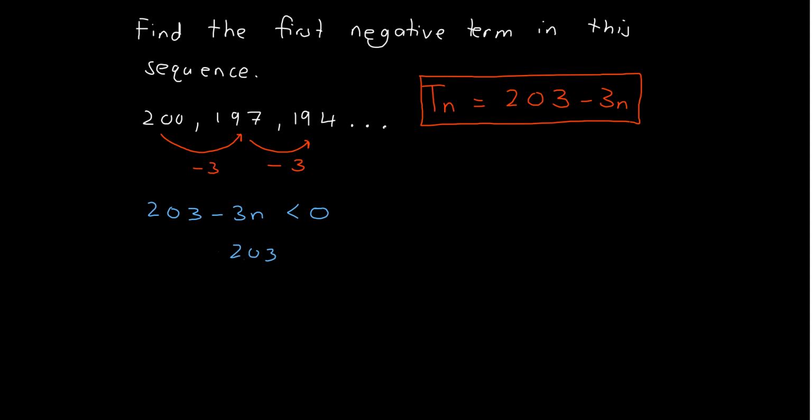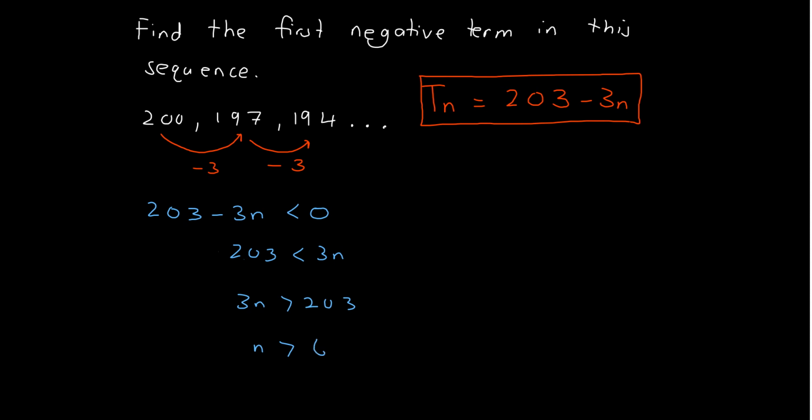203 must be less than 3n, or I can write this as 3n is greater than 203. So n must be greater than 203 divided by 3, and tell me what you get.